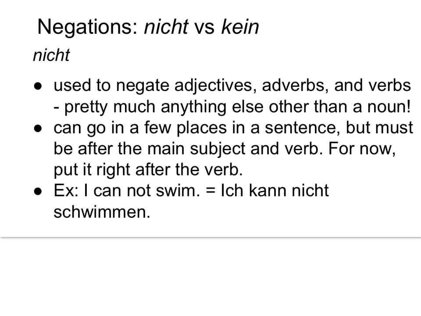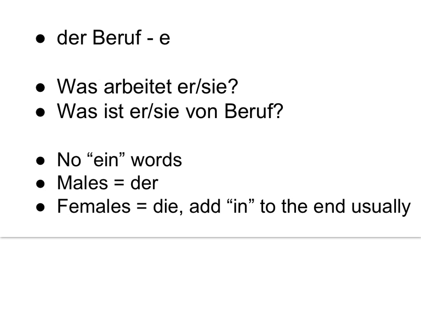So at this point, we're going to put it right after the verb. And that's a good, easy place to put it. So for the example, ich kann nicht schwimmen. So I cannot swim. There we go. Okay, moving on.